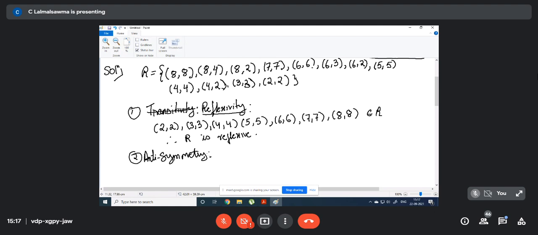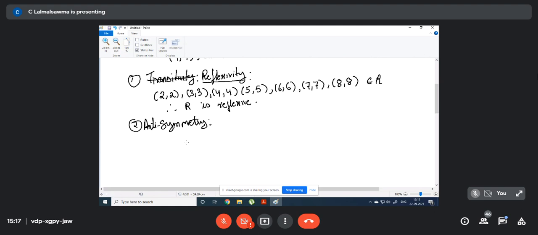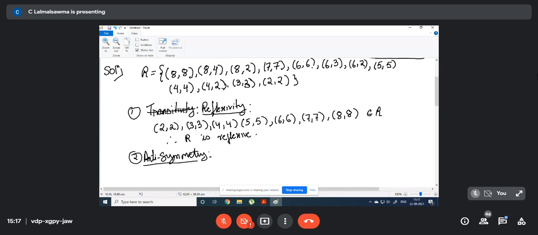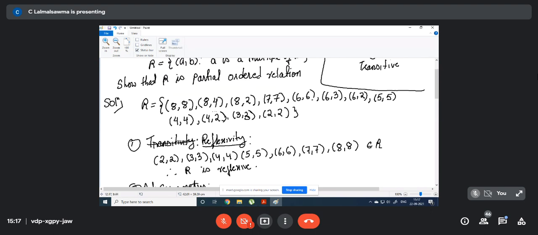Anti-symmetry. To be symmetric, both (8, 4) and (4, 8) have to be present in R, but here only (8, 4) and (8, 2) are present, and (4, 8) is not present. (8, 2) is present, (2, 8) is not present. (6, 3) is present, (3, 6) is not present. (6, 2) is present, (2, 6) is not present.